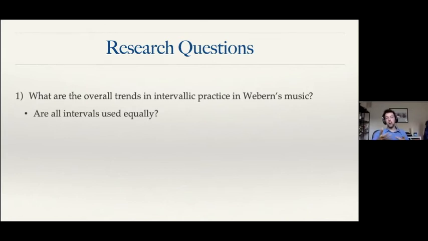In particular, are all intervals used equally, or does he have particular preferences? There's something of a trope in the Webern literature to talk about the semitone as particularly Webernesque or typical of his music, but there's rarely any evidence actually offered to support that assertion. And this paper, I hope, can go some way to interrogating whether that's actually the case.